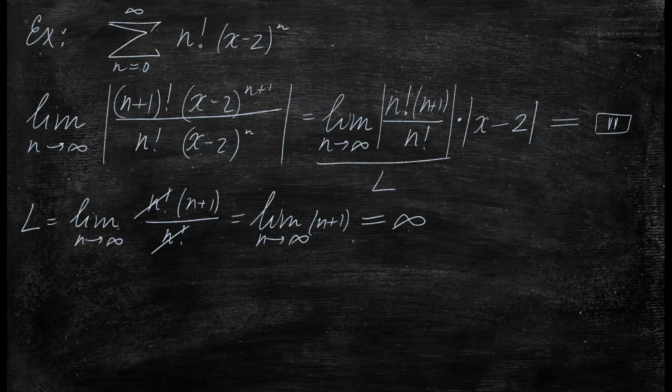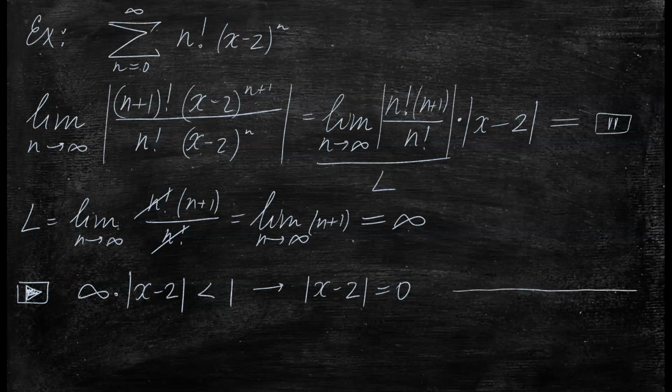And when you have infinity times the absolute value of x minus 2 that must be less than 1, that means only one thing, that x minus 2 is equal to 0. And the answer then is not an interval, but rather a single point.